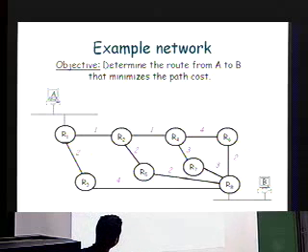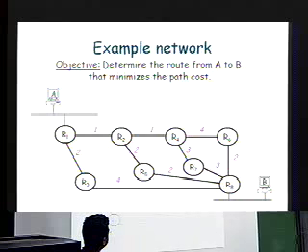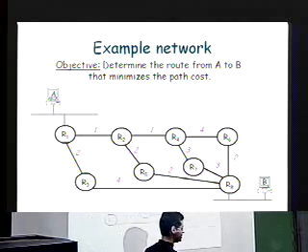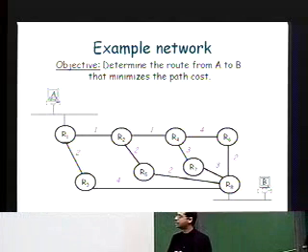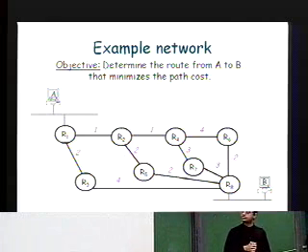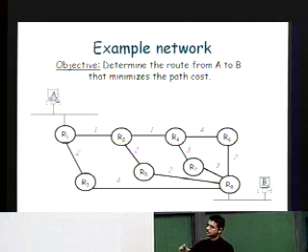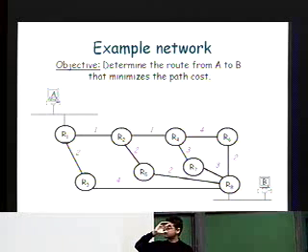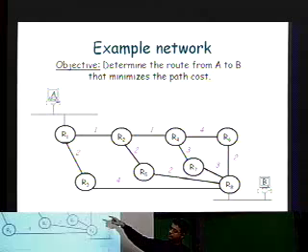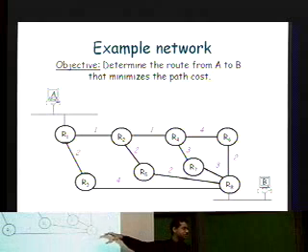So suppose you have a network like this. Then which is the path that R1 should choose to go to B? So 1 to 2, 2 to 5, 5 to 8.